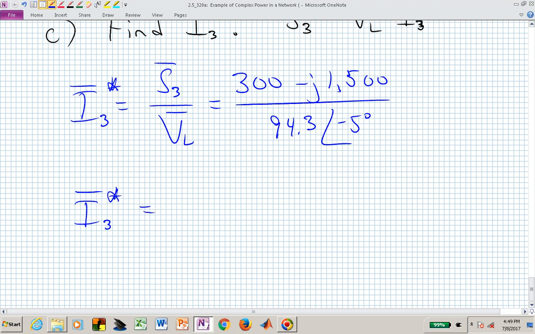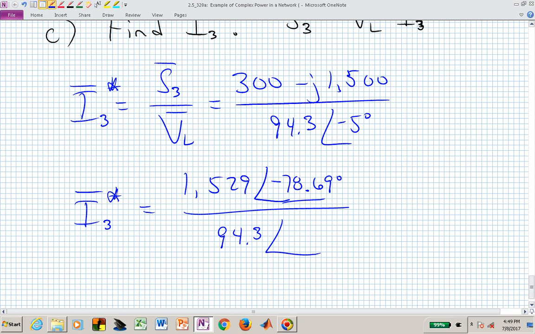Or converting 300 minus j1500 to polar form, we have 1529, and you should think that that's a large negative angle, and it is. It's minus 78.69 degrees, all divided by something a little bit less than 100, 94.3 at an angle of minus 5.